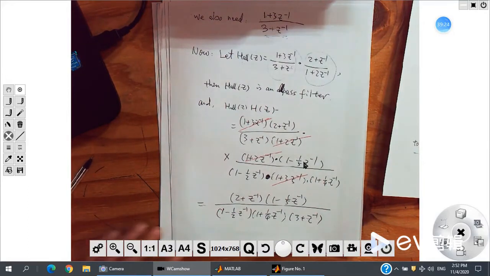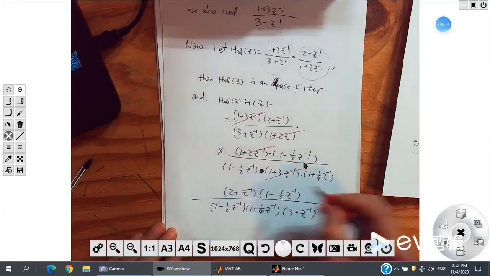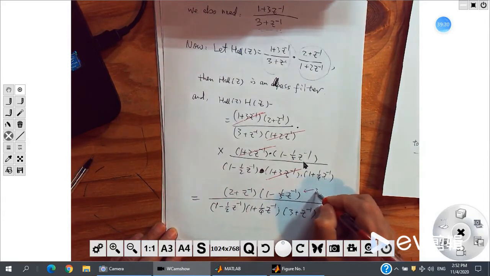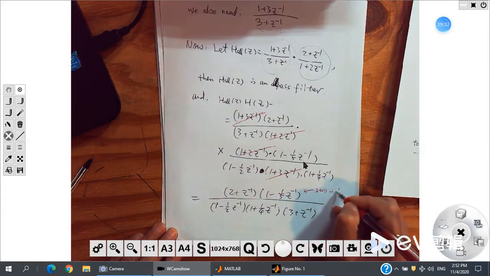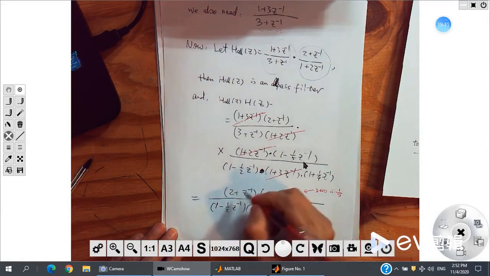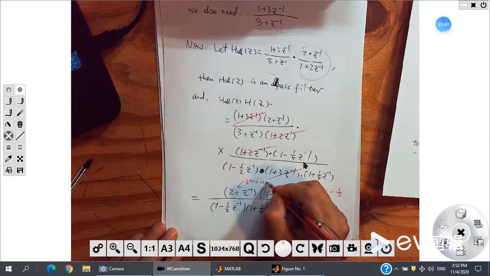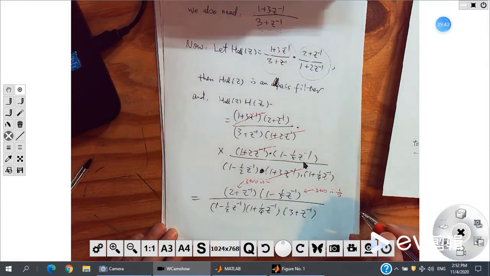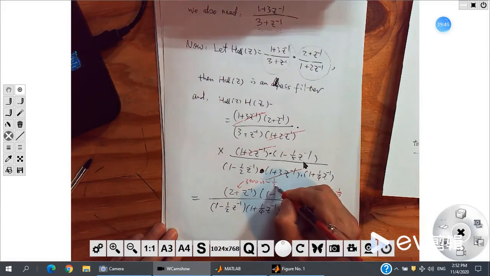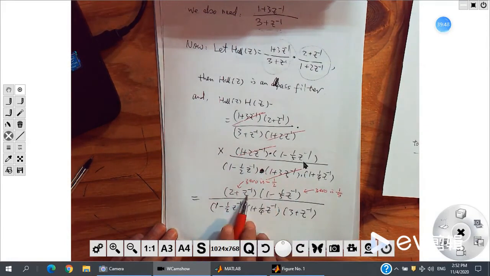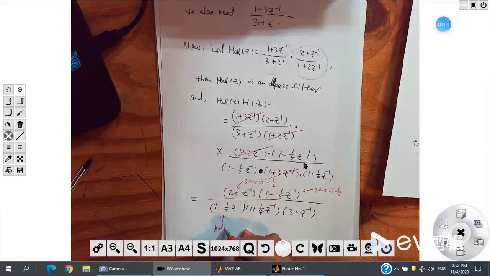We will check the zeros and the poles. This one, the zero is 1/5. And this one, the zero is -1/2: when z is -1/2, z inverse is -2, and 2 plus -2 gets 0. Then poles. This one gives a pole at 1/2.